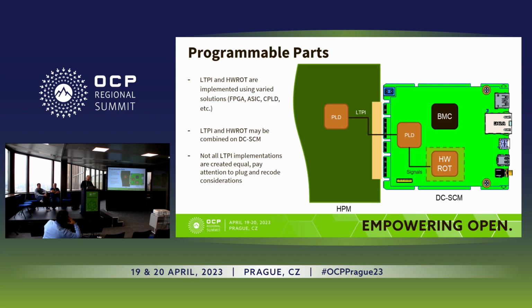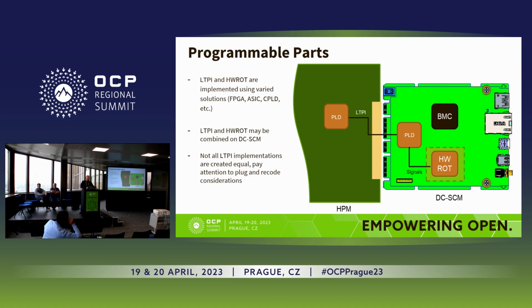That obviously has created 3 FPGAs where we used to have 1. So especially nowadays, it's getting better, but now with the increased cost that we have in some of these parts for the reasons of COVID and supply chain issues, this has driven a pretty good bit of cost into our system, more than I expected it to. There are things we can do here. Obviously, we could combine hardware root of trust and LTPI into one part.